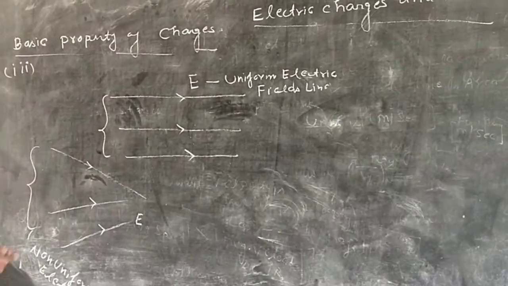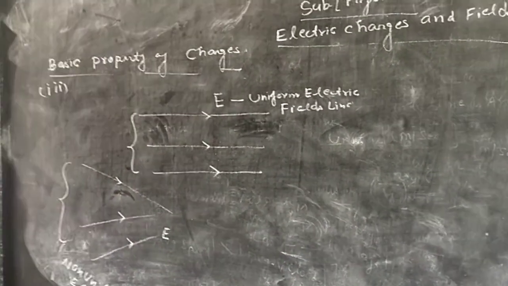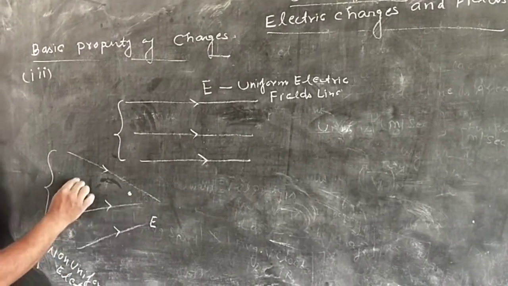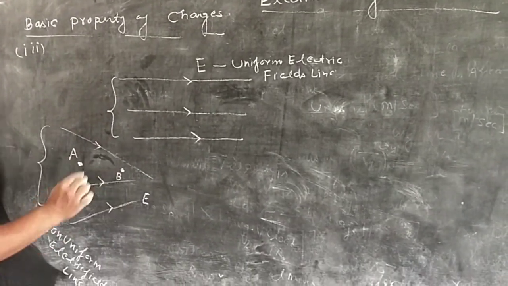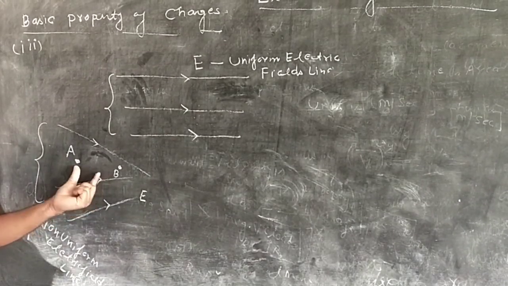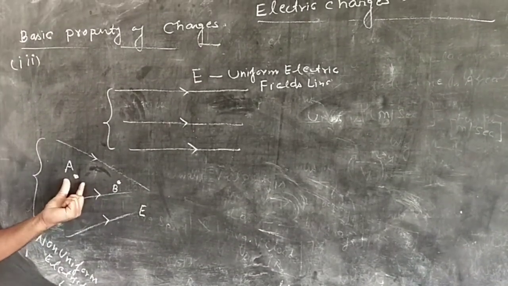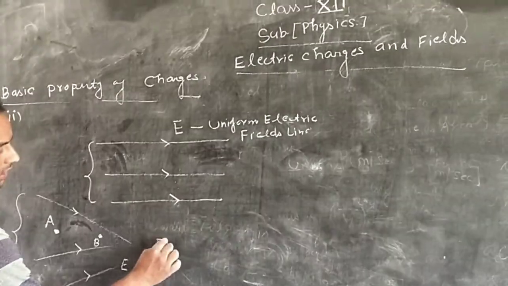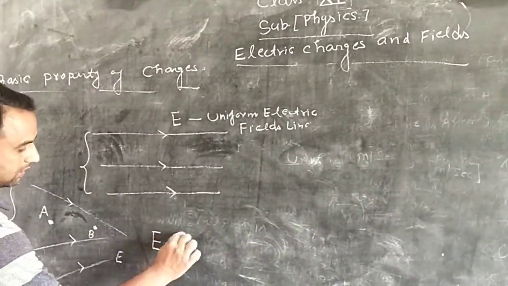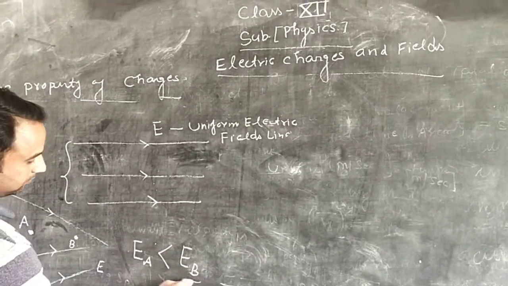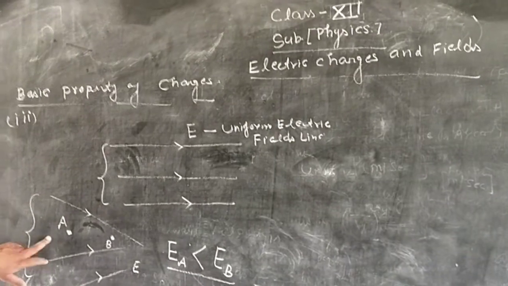Now another result comes from here. If we take two points here, one point here, A, and another point here, from these we have seen that the electric field at A is lesser as compared to the electric field at the other point. How can we conclude it?